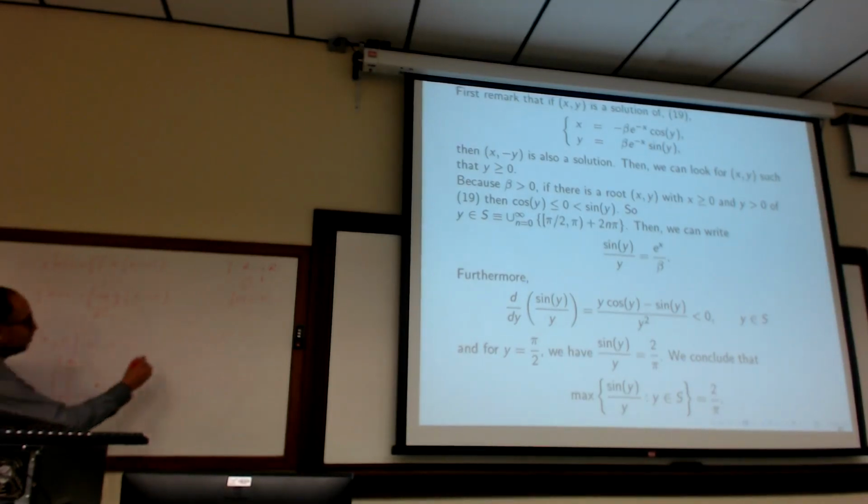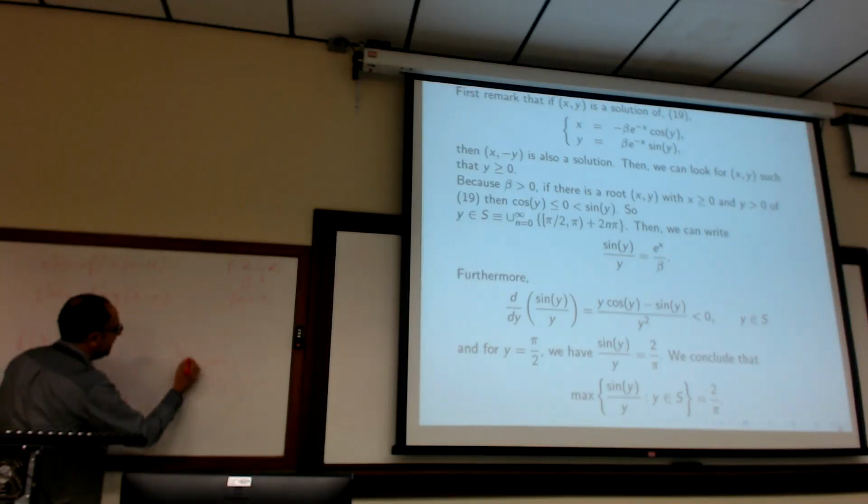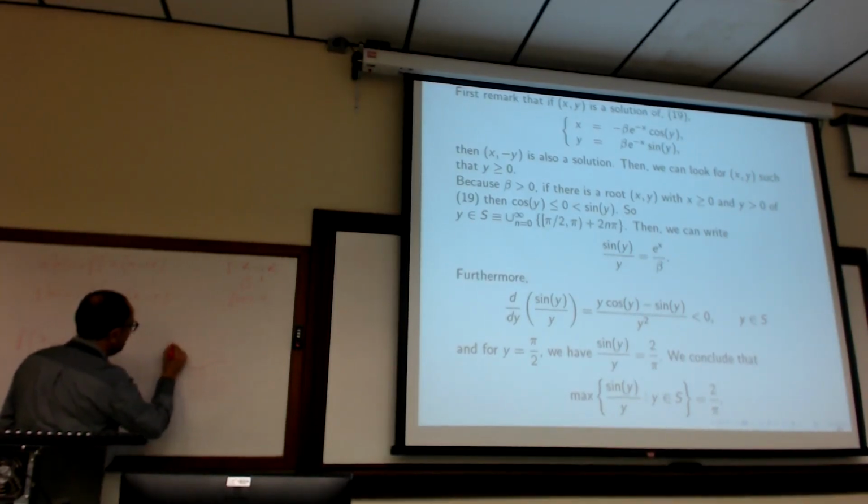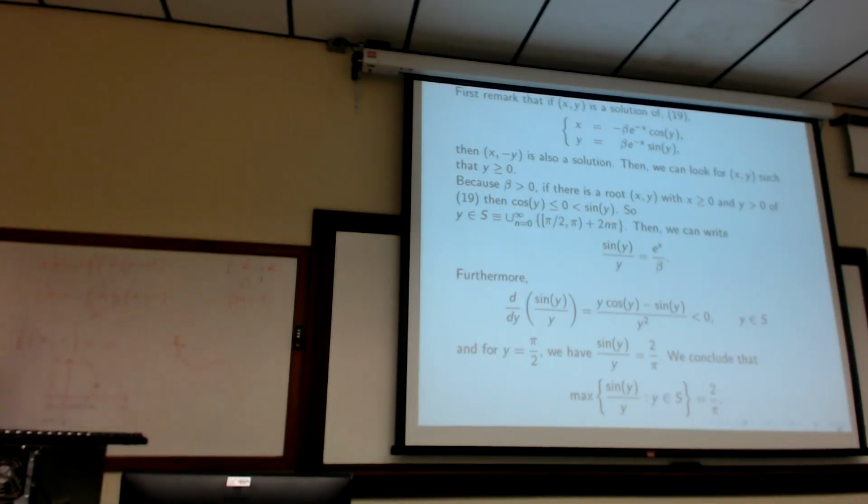Maybe I will remind you: when you have a curve like this, at each point you can take the partial derivative on r and the partial derivative on x. And at this point, what is the problem? The partial derivative on r is 0 because it's vertical.